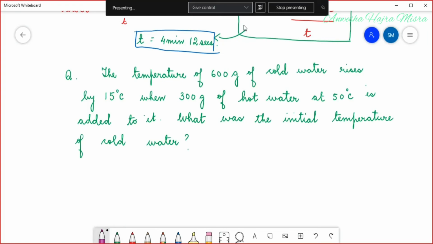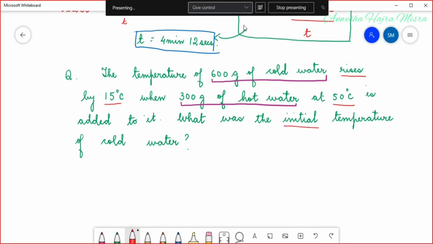Now the question is 600 gram of cold water was taken and 300 gram of hot water was taken. 600 gram of cold water rises, this word is very important, rises by 15 and the hot water was at 50.